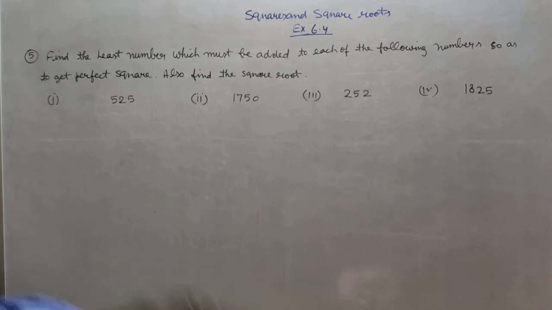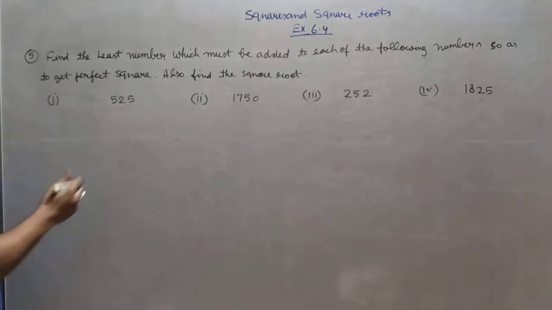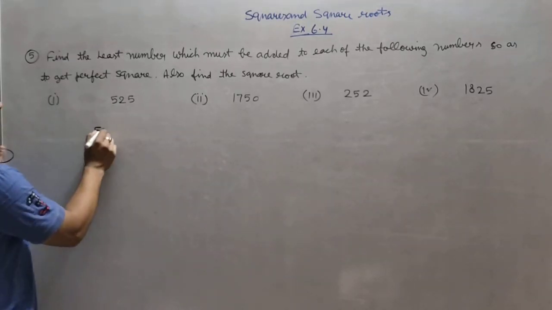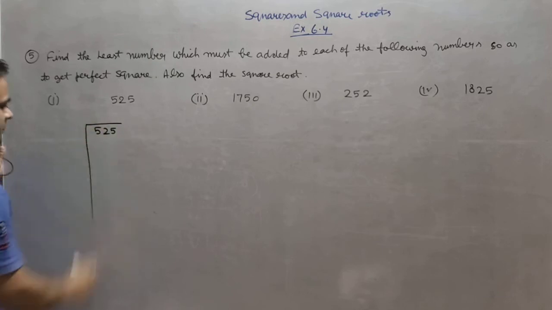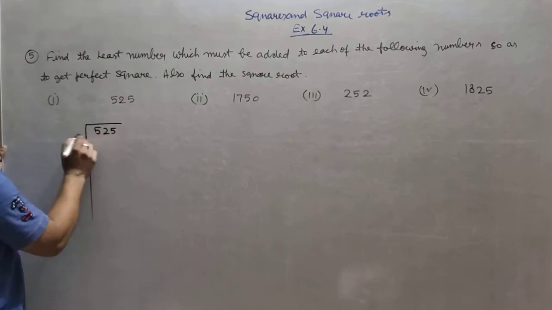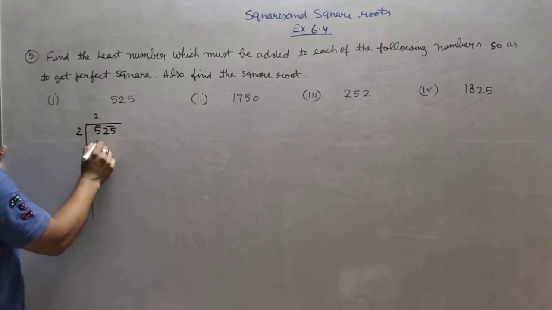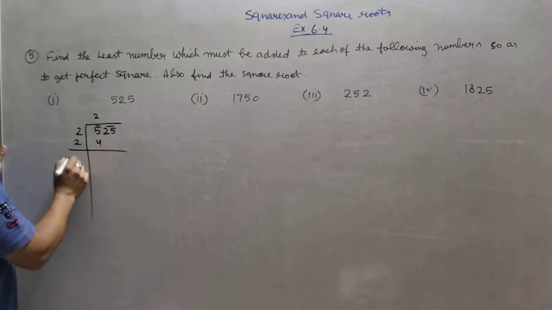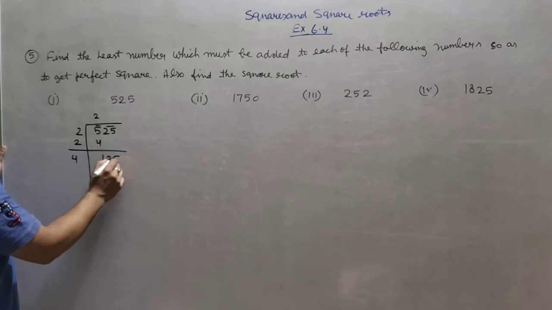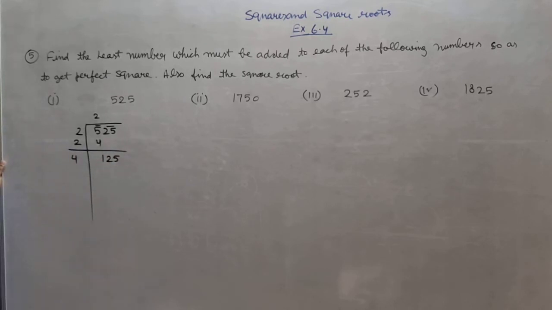So now first of all I will find the square root of 525. So it will be pairing: 5 and 25. 2 2s are 4, and the remainder is 1, bringing down 25 gives 125, right? Can we start with 3? If I put here 3, 3 3s are 9, 3 4s are 12, so we are getting 129.